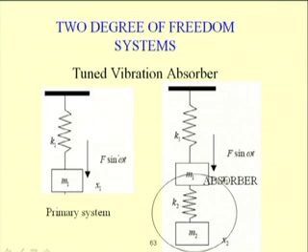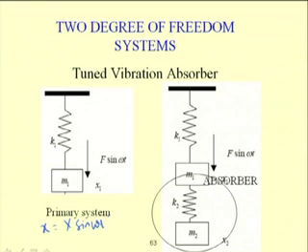These systems can be modeled as single degree of freedom systems, a single spring and mass system with a force F sin omega t applied to the system. That means the system is vibrating with the response x equal to X sin omega t at steady state.